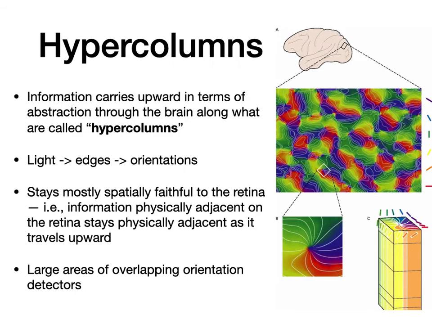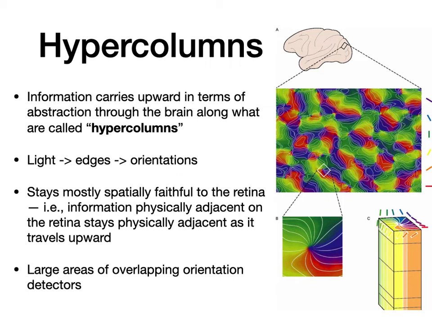So we've already looked at a little bit of this, but the pattern of activation of the light carries upward into the brain in what are called hypercolumns. So again, we've already looked at light becoming edges, becoming orientations, and we see that it carries forward in the same way upward, right? And gets combined more and more once we get to the visual cortexes.